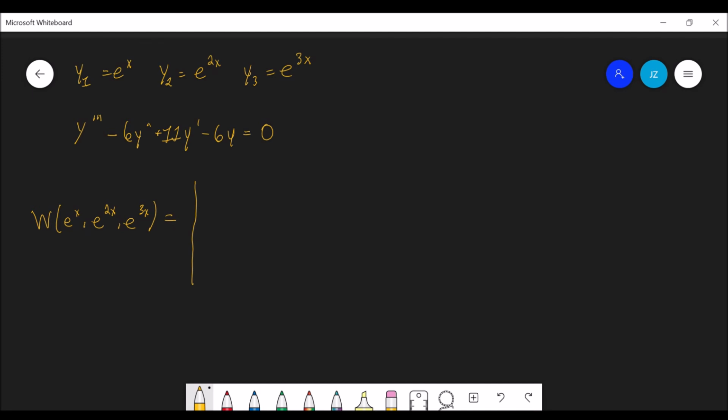So the first row of our matrix is just the set of functions. The second row is the set of their first derivatives. The third row is the set of their second derivatives.